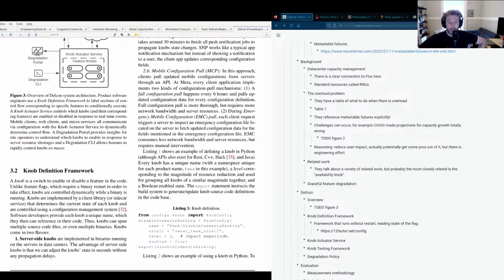If foo flag is turned off, run this. That is something that a lot of servers have. They're saying that isn't what knobs are like, because oftentimes those flags require a binary restart. So there's some configuration management system that is outside of the flags that they reference.